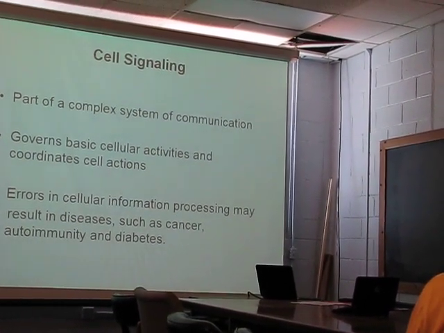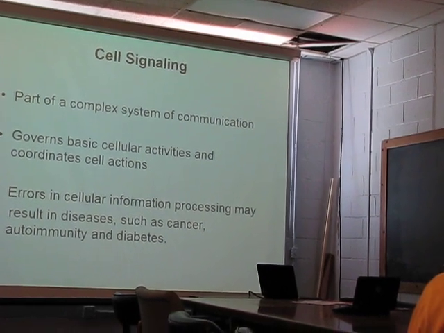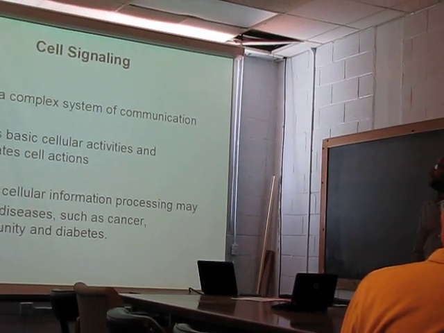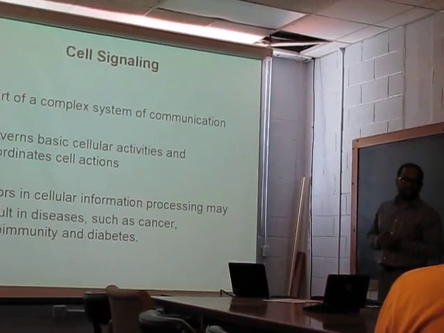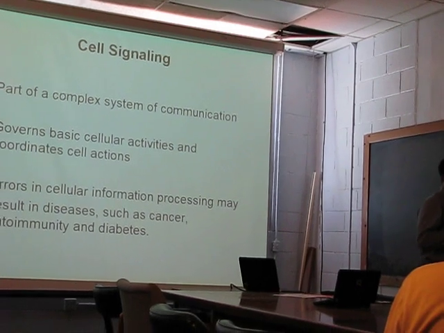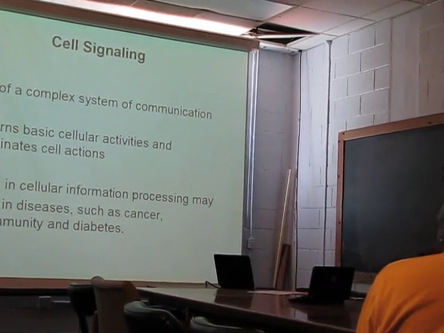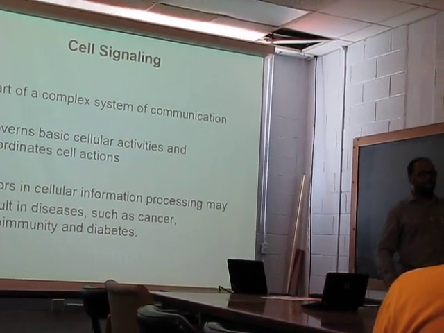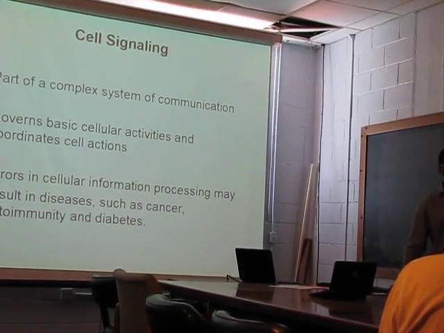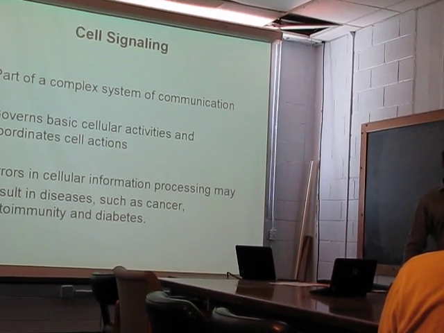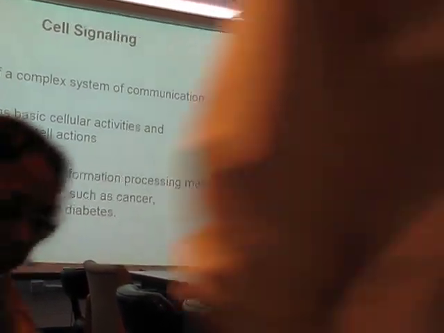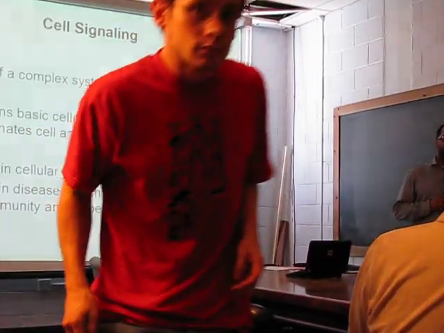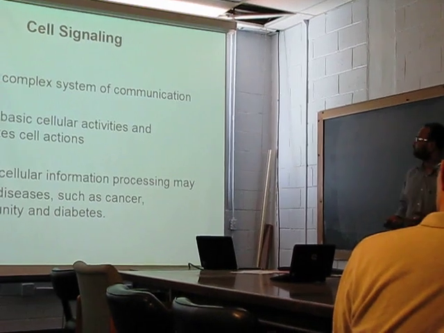And it is very, very important because this constitutes the complex communication system in any living organism, and it governs all the basic cellular activities like cell differentiation and cell proliferation, and coordinates all the cell actions. Any error in this signaling pathway can cause serious problems like autoimmune disease, cancer, these kinds of diseases. So this pathway is very important for living organisms.